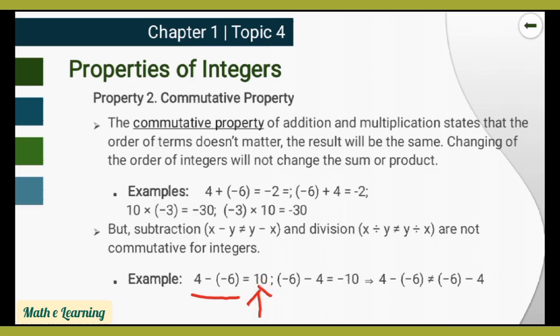Now if we change the order of these numbers, minus 6 and 4, then we get the answer minus 10. Now compare these answers. Both are not equal. That means this property does not apply to subtraction.